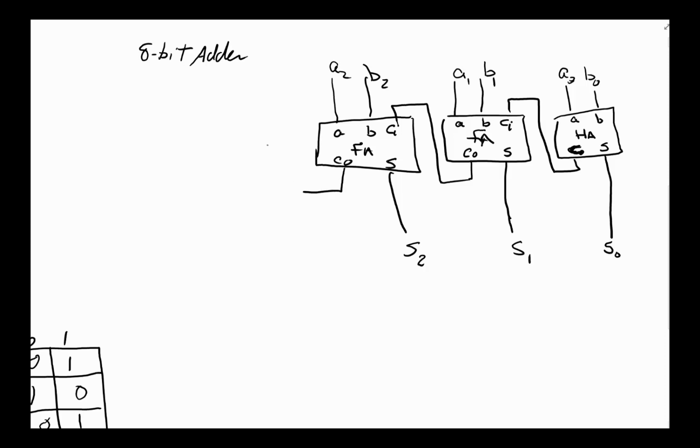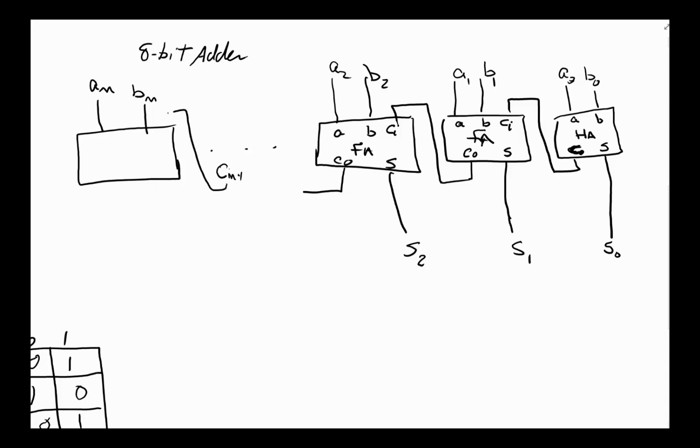So now you can see how we can continue this to however many bits you would like to have. Let's say n can be any arbitrary number you want to pick, and Bn comes in here. The carry is basically going to be the previous carry, Cn minus 1.